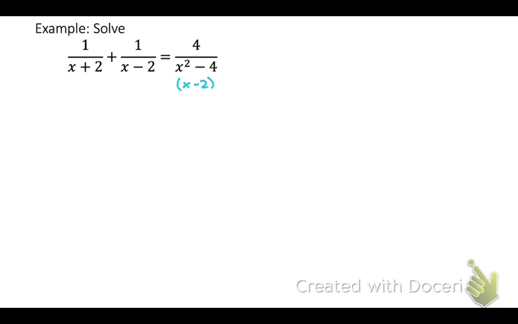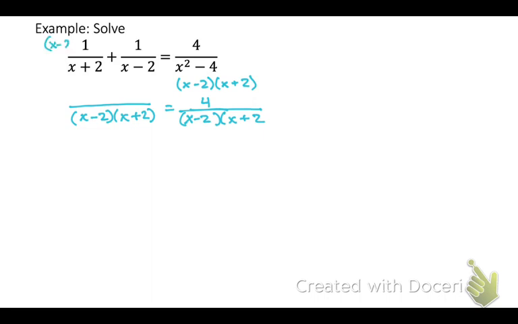Okay, the last one we factored, and we said the common denominator over here is going to be x minus 2, x plus 2. I skipped this step right here. So when I do this, I have to multiply this by x minus 2, correct?